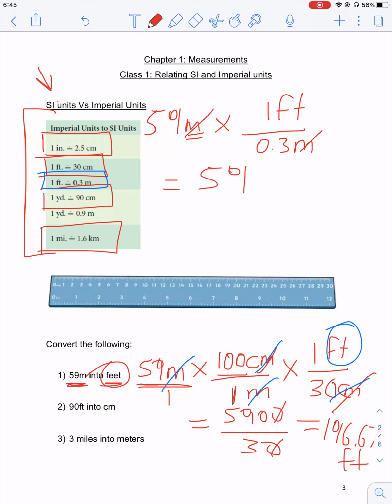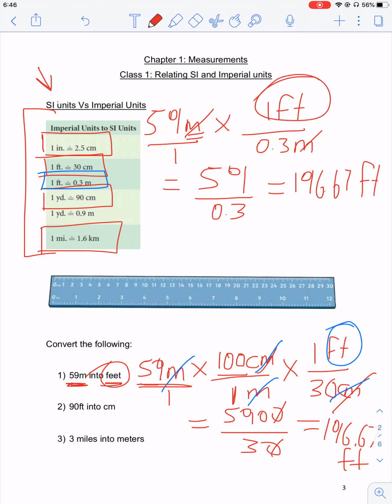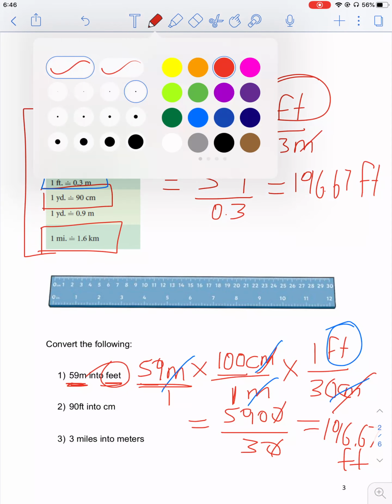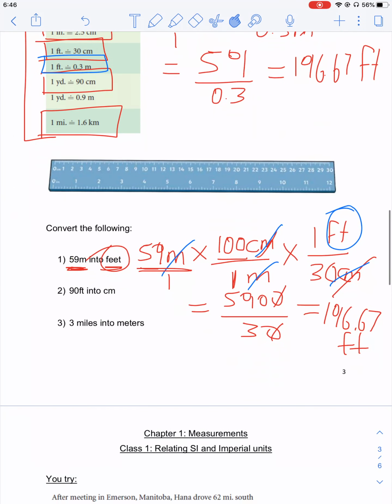And again, if you don't see your denominator, it's 1, and then 1 times 0.3 is 0.3. So 59 divided by 0.3 is also 196.67 feet. Okay, so remember, feet is the only unit that survives. So this is how you use unit analysis, okay?